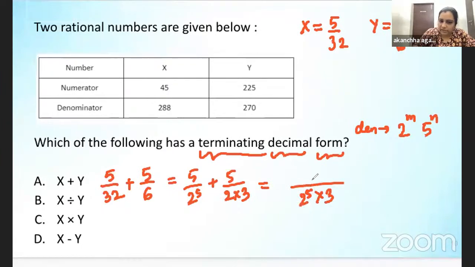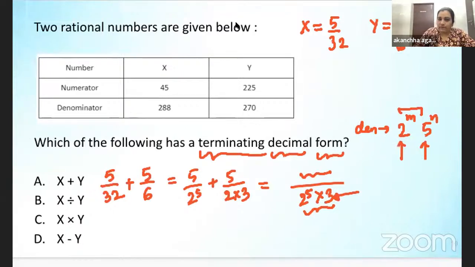So whatever answer you get, its denominator will have a factor 3. Agree? If we are getting a factor like 3 in the denominator, it cannot be terminating. Because the rule is we can have only 2, only 5, or only 2 and 5. But we have 3, hence option A is not possible.